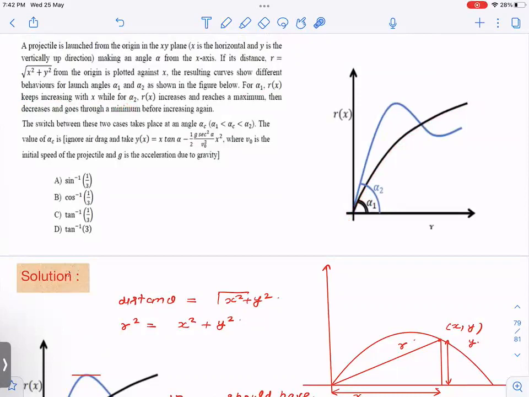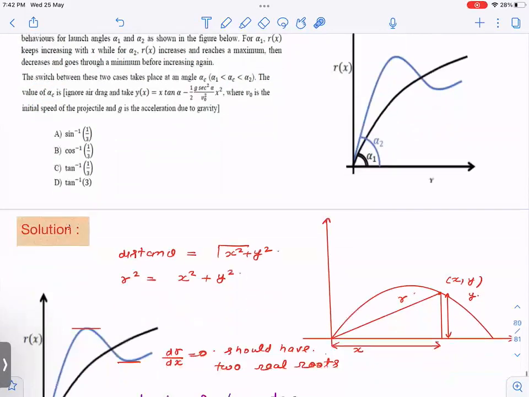For alpha 2, R increases, reaches a maximum at this point, then decreases, goes through a minimum. And the switch between the black and blue graph happens for an angle alpha c, which lies between alpha 1 and alpha 2. This is given. So we have to find out the value of alpha c.